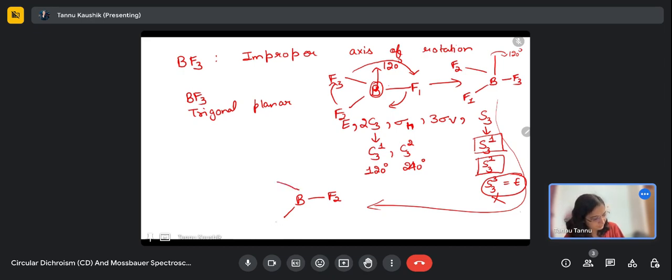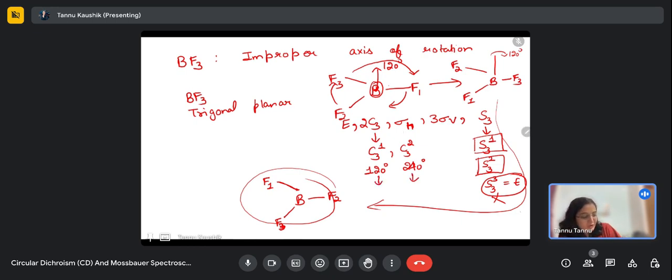We'll get F2, F3, and F1. So these are the equivalent configurations you will get after two C3 axes of rotation, that is C31 and C32.